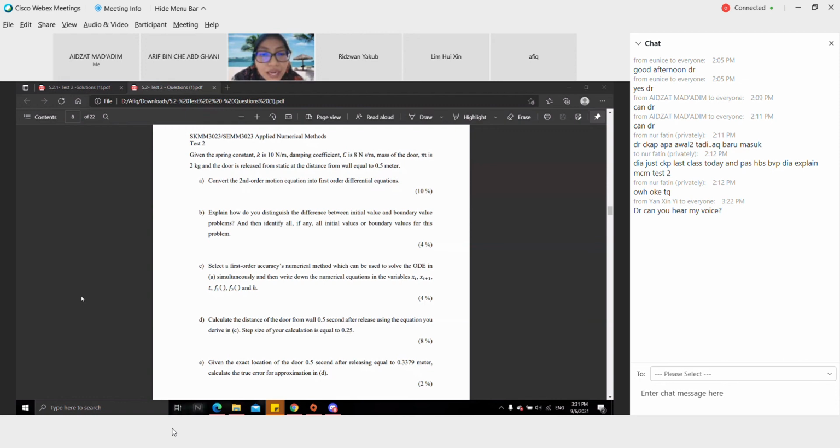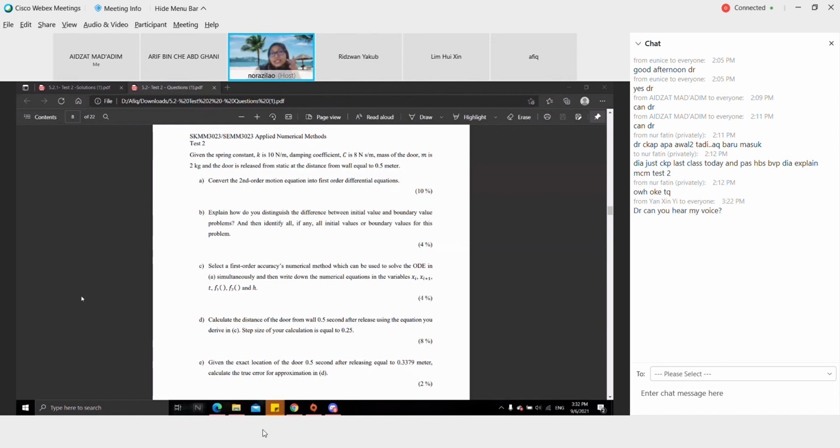Explain how you distinguish the difference between initial value and boundary value, and then identify all, if any, initial values or boundary values for this problem. So how can you distinguish whether this is initial or boundary? I have taught this. It must be specific.